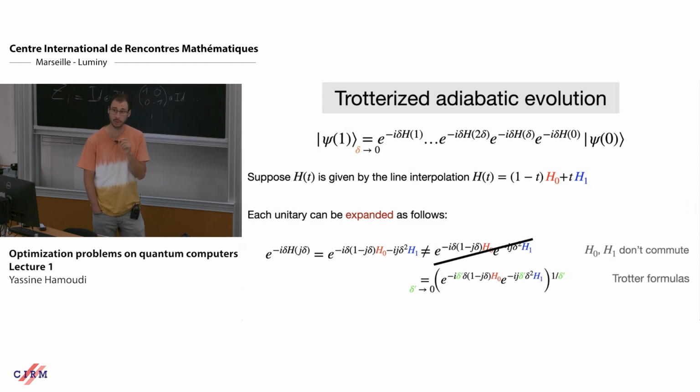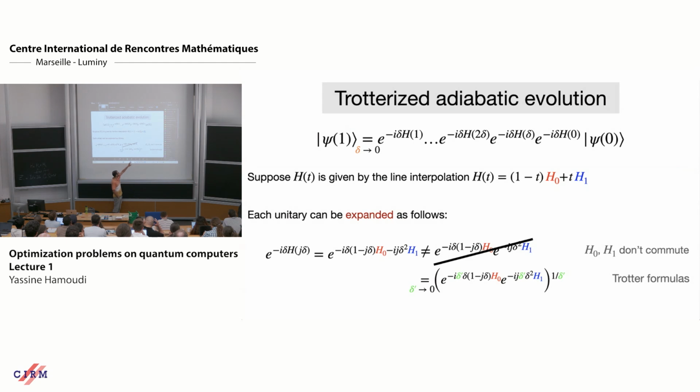It tells you that the exponential of a sum is going to be equal to the product of each individual exponential, which you have to alternate many times. There is a parameter delta prime, which tells us how long we should evolve according to H_1 before moving to H_0. We have to repeat this 1 over delta times. And if delta prime goes to 0, then this is equal to the initial matrix exponential.